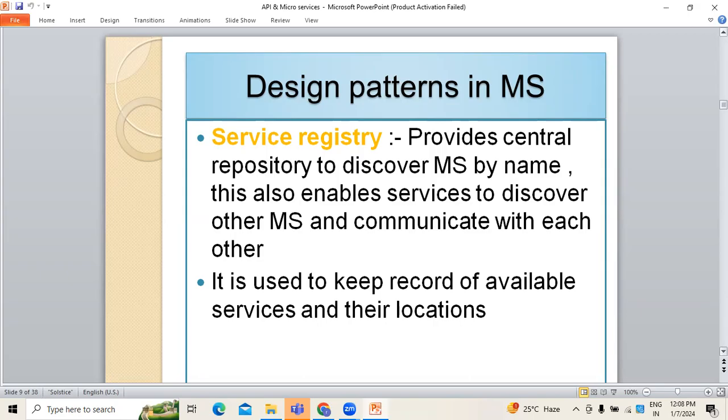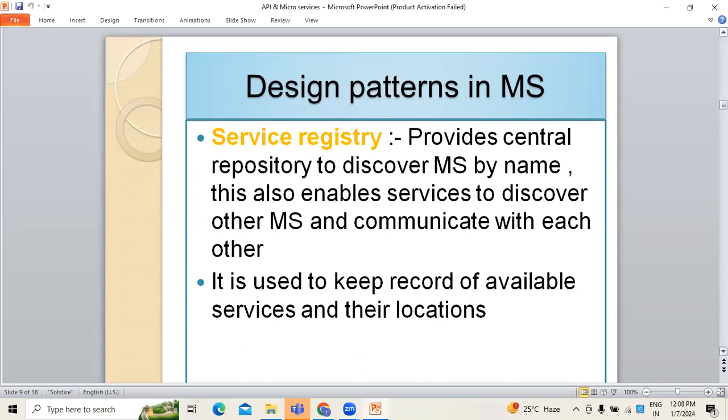The major advantage is not only to identify the microservice, but we need to communicate with different microservices, because for different components, as we discussed earlier, it is loosely coupled, not tightly coupled. If it were monolithic, then it would be different, right?